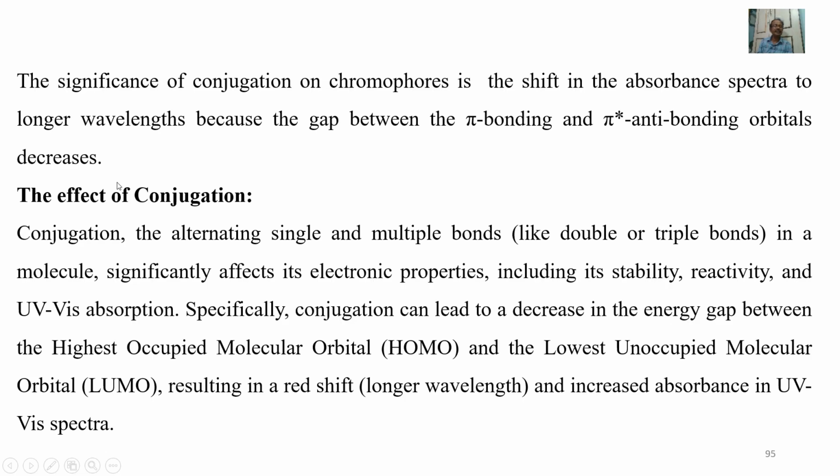The effect of conjugation. Conjugation, the alternating single and multiple bonds like double or triple bonds in a molecule, significantly affects its electronic properties, including its stability, reactivity, and UV absorption. Specifically, conjugation can lead to a decrease in the energy gap between the HOMO and LUMO, resulting in a redshift to longer wavelengths and increased absorption in UV spectra.